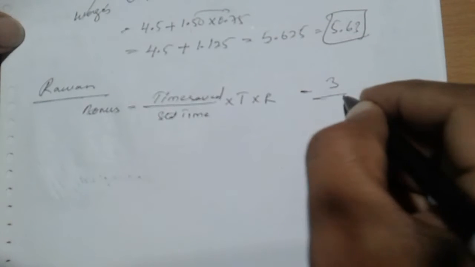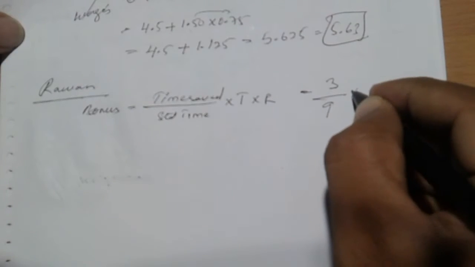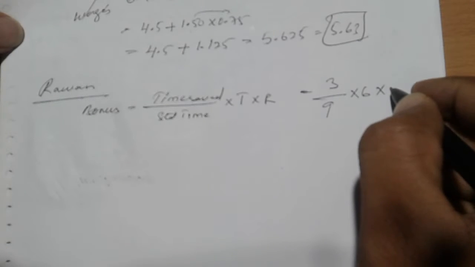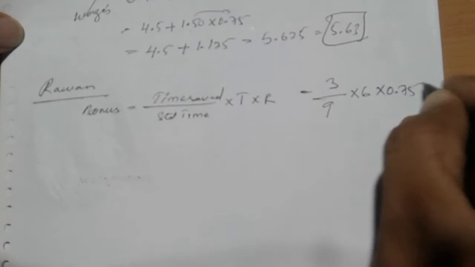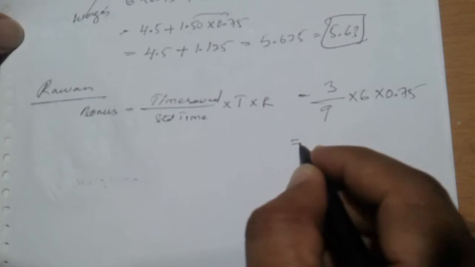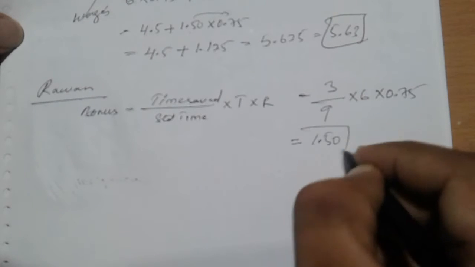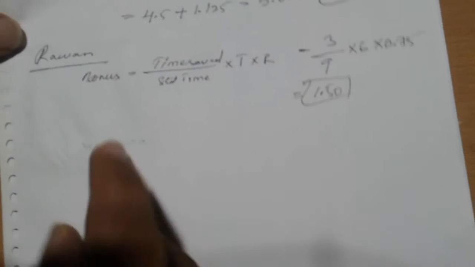Time saved is 3, standard time is 9, time taken is 6, into rate per hour 0.75. If you calculate this, you will get 1.5 as the bonus. Now calculate total earnings.